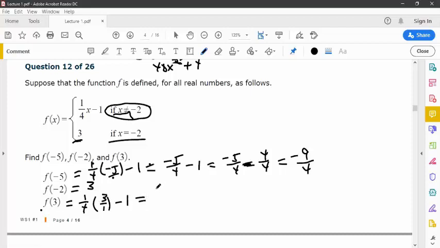So multiplying straight across, we have 3/4 minus 1. And remember, we have to get a common denominator. So that's 3/4 minus 4/4, because 4/4 is 1. And now again, we combine the numerator. 3 minus 4 is -1, and our denominator remains the same.